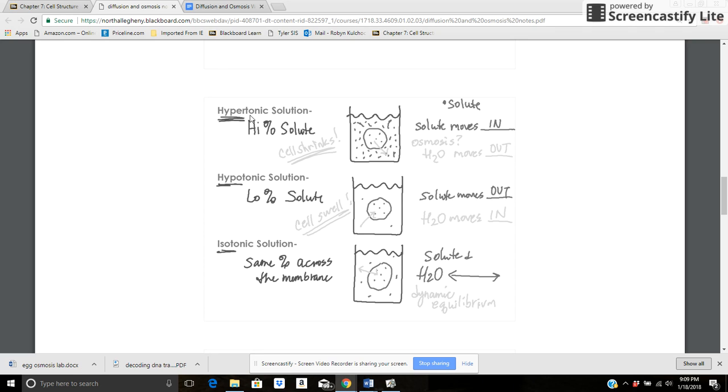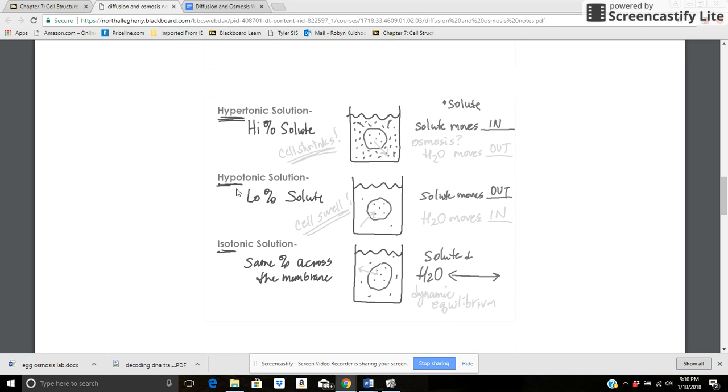So like the prefix hyper, just like hyperactive, hyperglycemia, if you've got high blood sugar, hypertension, if you've got high blood pressure. There are probably other hypers that I can't think of right now, but hyper just means high. So that means a lot. So in a hypertonic solution, notice all my dots that I've drawn there. That means it's really concentrated. That's like drinking salt water from the ocean.